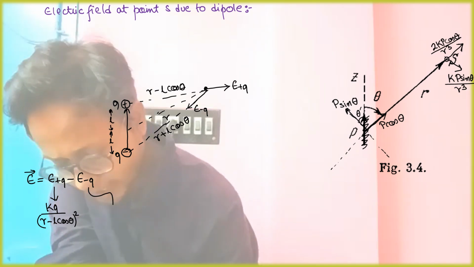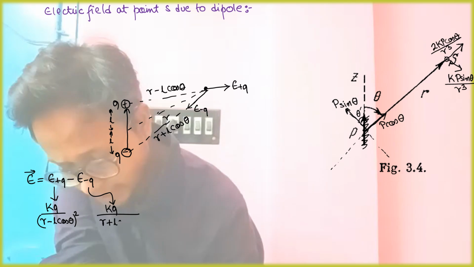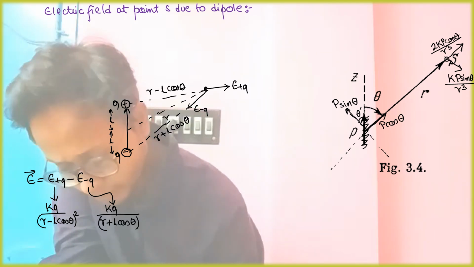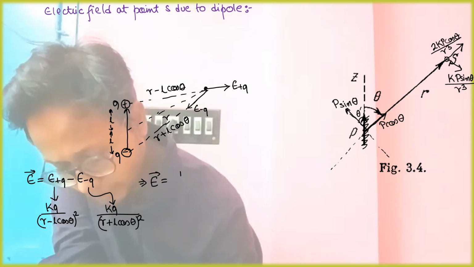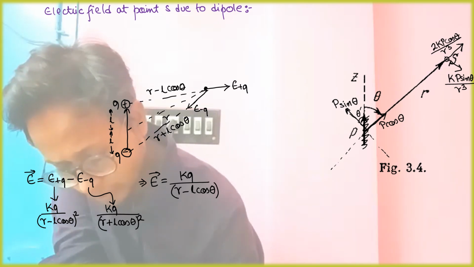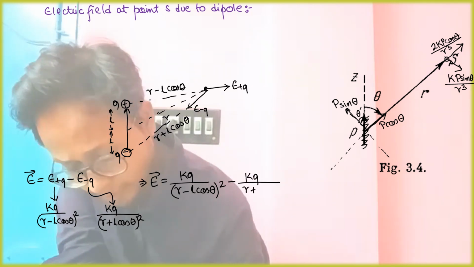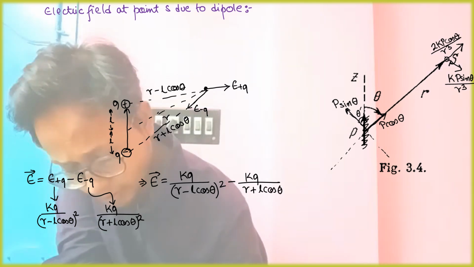And for minus Q, it is KQ by R plus L cos theta whole square. So the electric field is equal to KQ by R minus L cos theta whole square minus KQ by R plus L cos theta whole square.